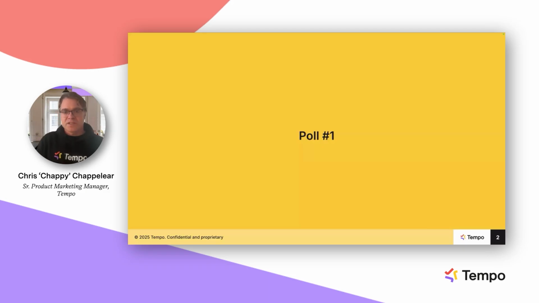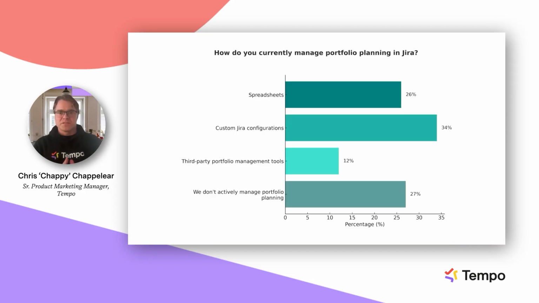We're going to give a few seconds as people are answering here. Already got some great participation. Thank you so much. With respect for everybody's time, I'm going to end the poll and share the results. We have a little bit across the board here. You got about 25 people using spreadsheets, 33 using custom configurations, 26 not actively managing. Well, this is all great because you're going to learn something today from this webinar.